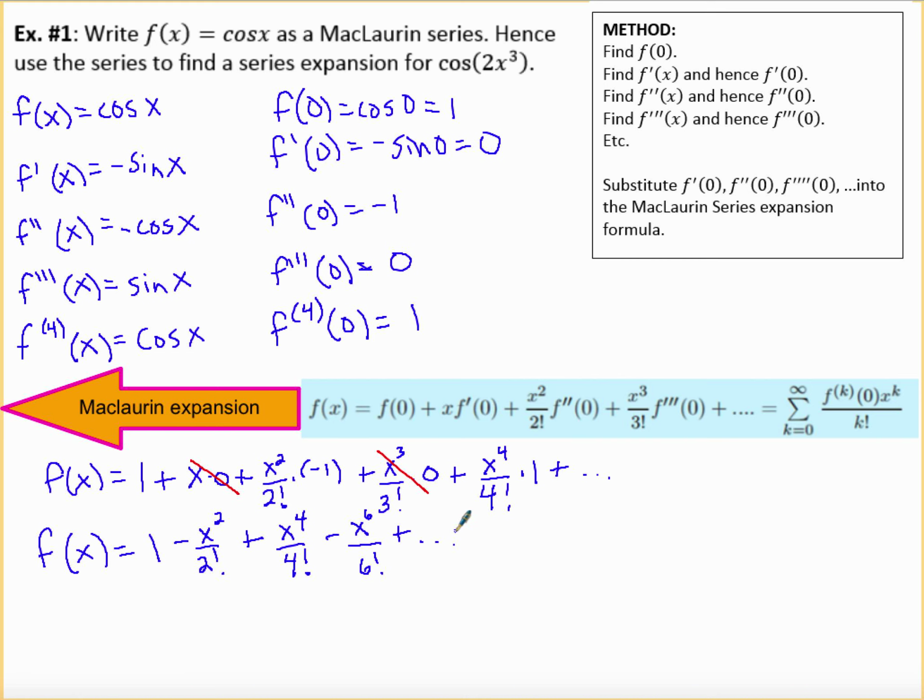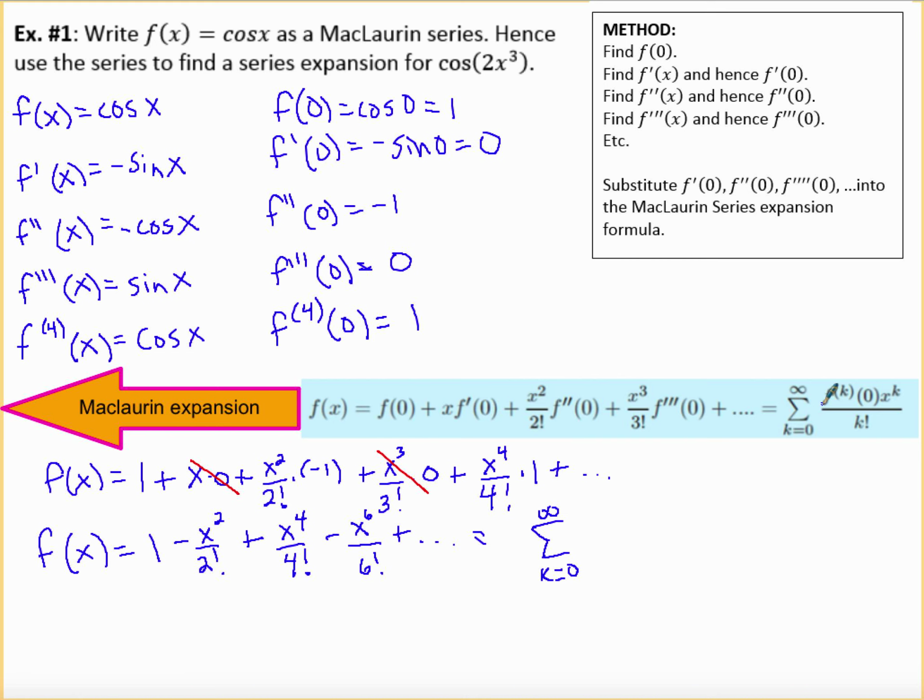So if I want to write this series expansion, this is the series expansion. If I want to write the actual series, then I could say that this is equal to, well, what is this going to be equal to? I'm going from k equals 0 to infinity.